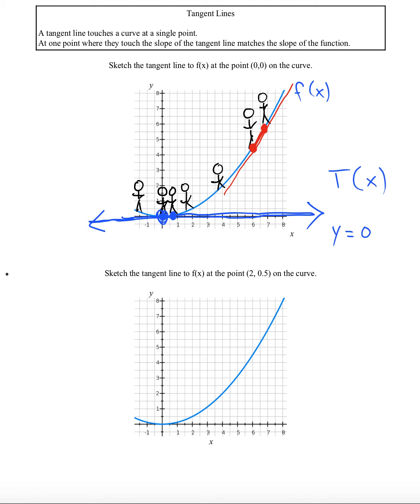Try it for yourself on the problem below. We need a tangent line at the point 2, 0.5. That's right here.